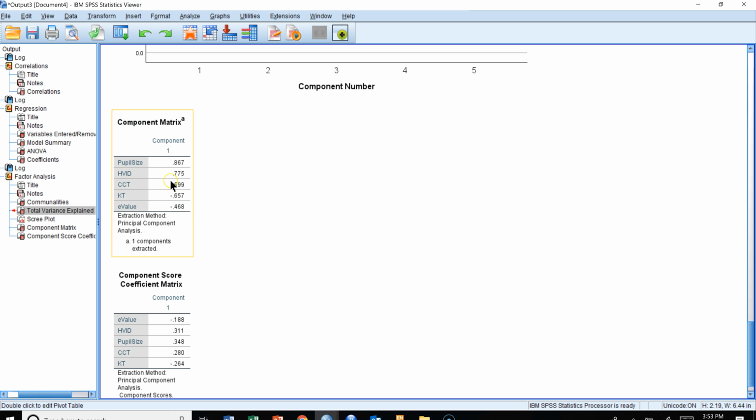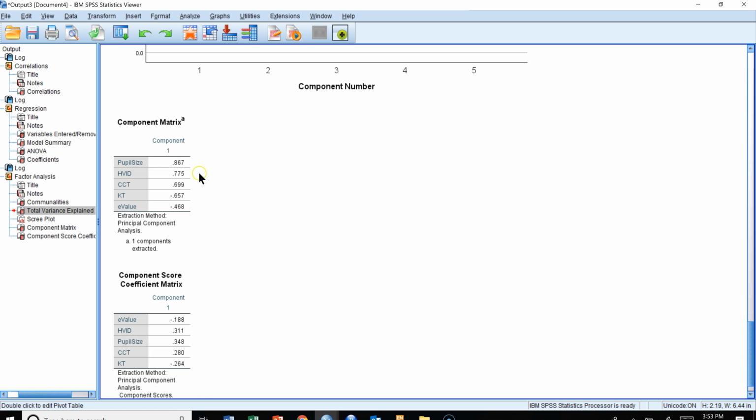Now notice some of these are plus and some of them are minus, and basically what this means is the factor score is going to reflect a common direction, but 3 of them are positive, so that the overall factor is in a plus direction with pupil size.